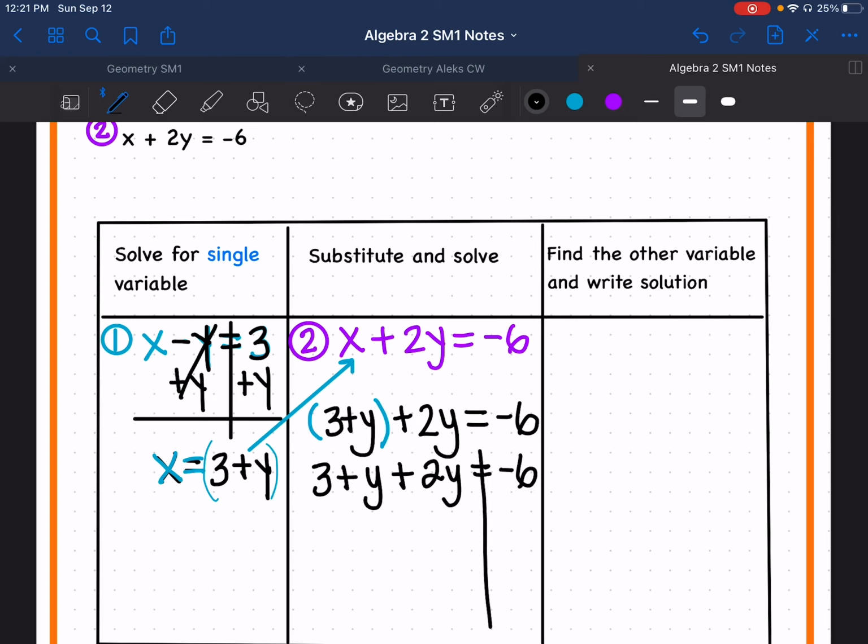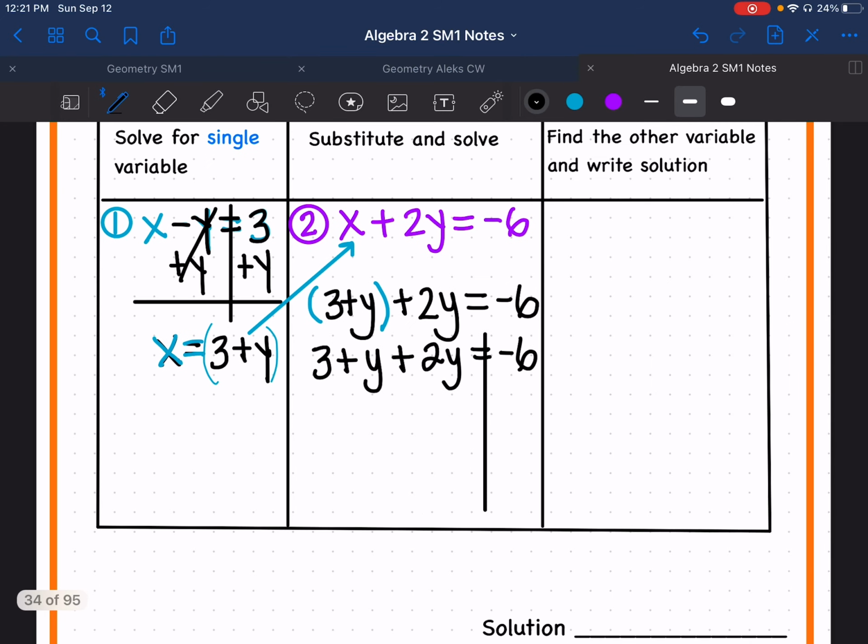I can solve this equation for the variable y. I'm going to take my y's and add them together. Remember, there's an invisible 1 hiding in front of the y, which gives me 3y. Remember, we're getting y by itself. That's our goal. So we're going to have to get rid of the plus or the minus first.